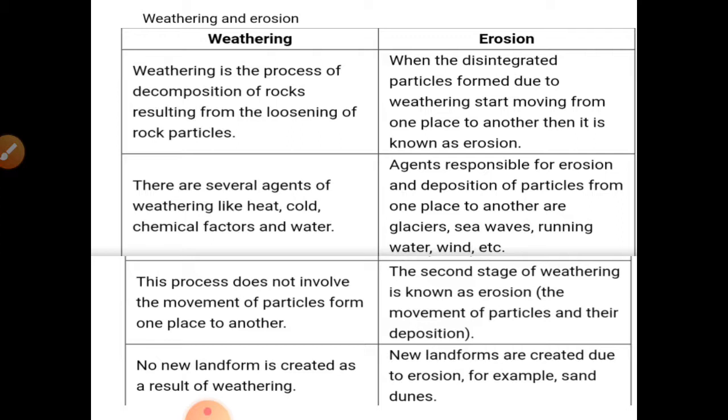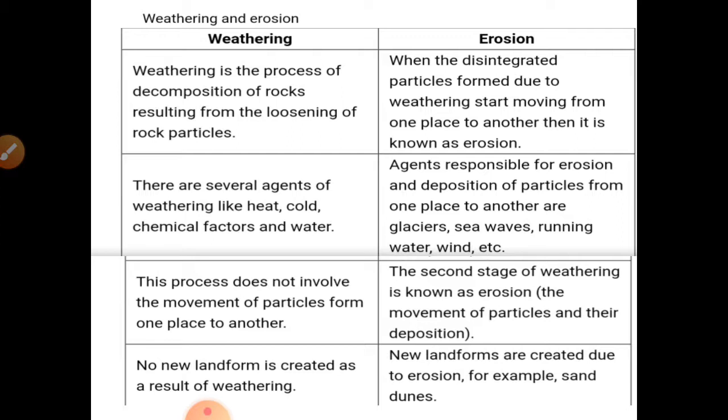In weathering, there are several agents like heat, cold, chemical factors and water. While agents responsible for erosion and deposition of particles from one place to another are glaciers, sea waves, running water, wind, etc. Weathering does not involve the movement of particles from one place to another.